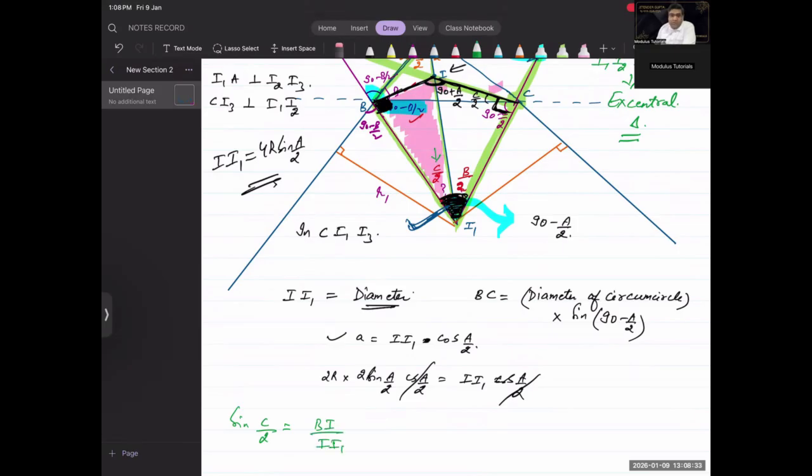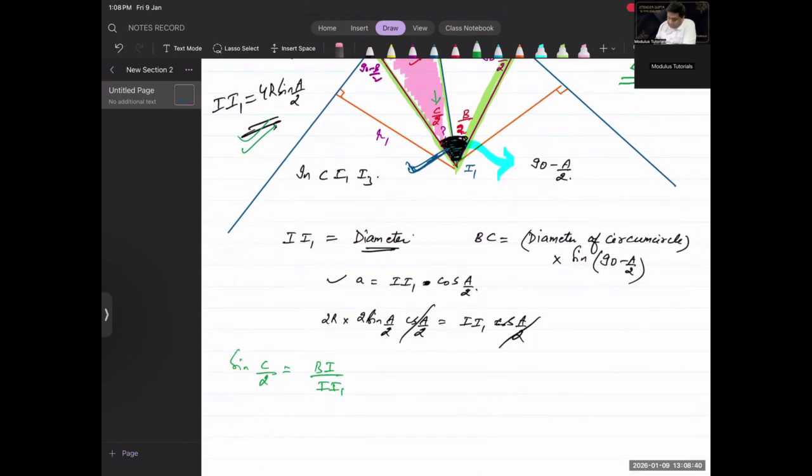Got it? Now, guys, what is II1? That is known to me, 4R sine A by 2. So, done. So, what is BI? BI will be 4R sine A by 2 sine C by 2. Likewise, guys, I can write AI is equal to 4R sine B by 2 and sine C by 2. And CI can be written as 4R sine A by 2 sine B by 2.